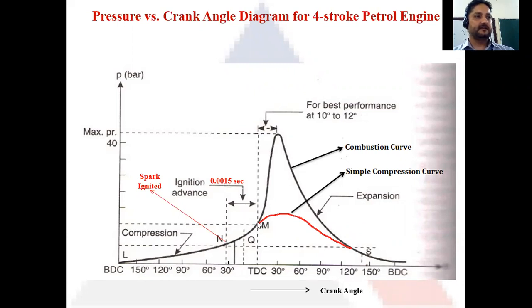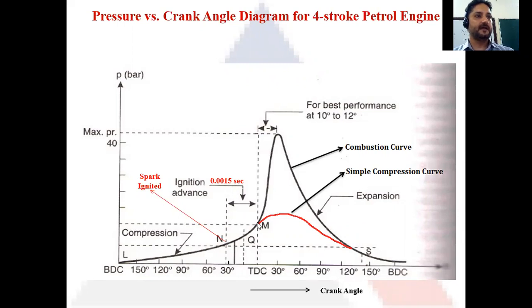Now as the top dead center is reached, from M you will see a steep increase in pressure. This means that at point M the actual combustion has started, and this combustion propagates throughout the cylinder, and the whole of the fuel starts to burn.